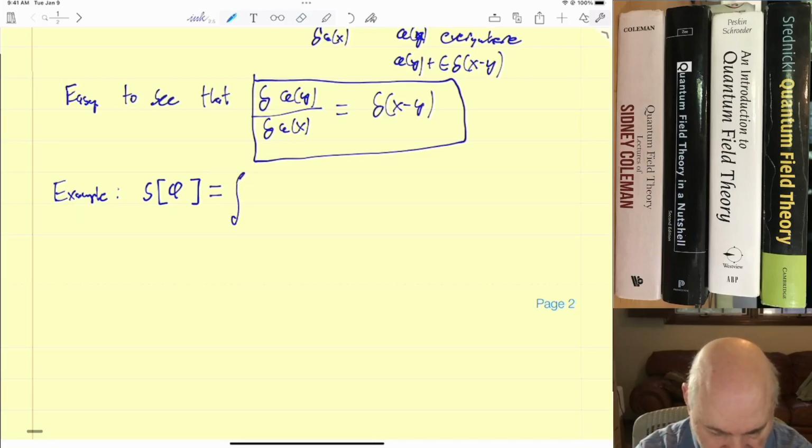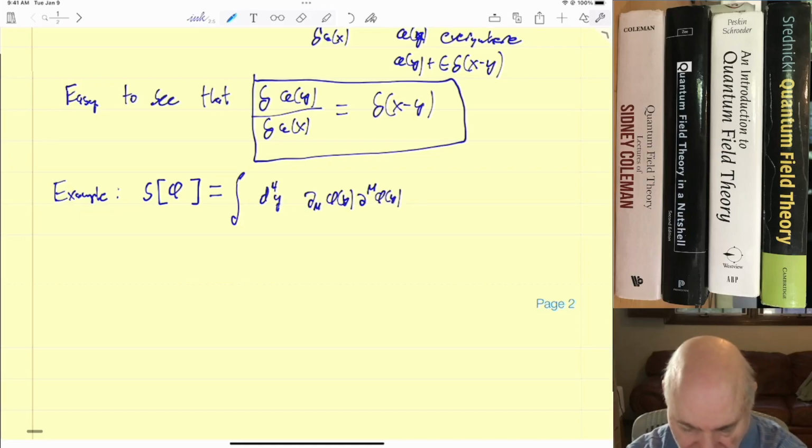So let's say we have the integral of d4y, partial mu phi of y, partial mu phi of y. I won't always show the arguments, but they're obvious. Like if we're integrating with respect to y, then y is the argument of phi, minus m squared phi of y squared.